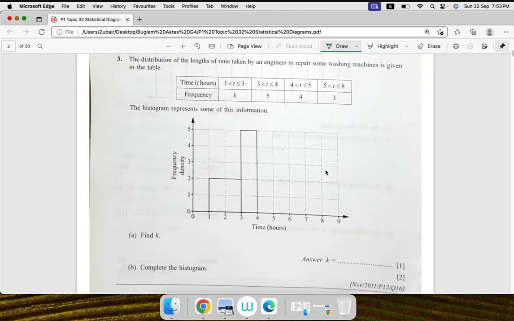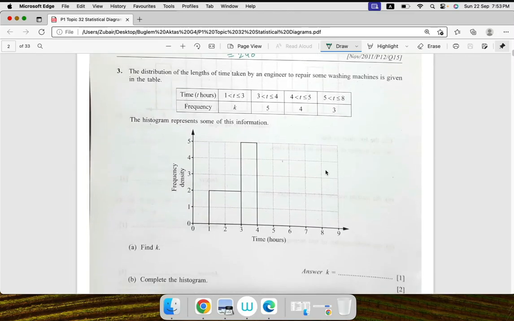Find K. So K would be 1. No, no, it would be 2. Keep increasing, there'll be K.